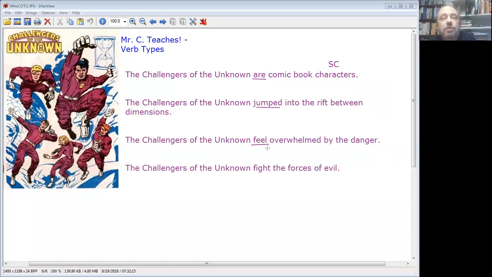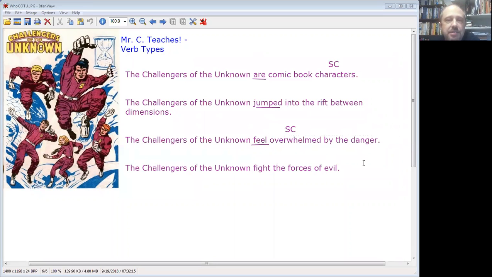So the Challengers of the Unknown feel overwhelmed by the danger doesn't say much different than the Challengers of the Unknown are overwhelmed by the danger. So this is another linking verb. And since it's a linking verb, there's a subject complement. And in this case, the subject complement is overwhelmed, the adjective overwhelmed, because that describes the subject, describes the Challengers.